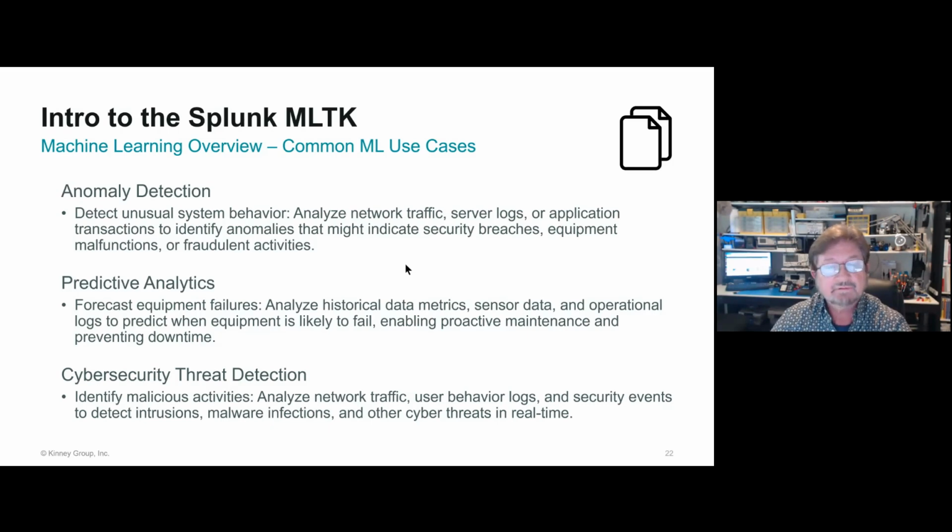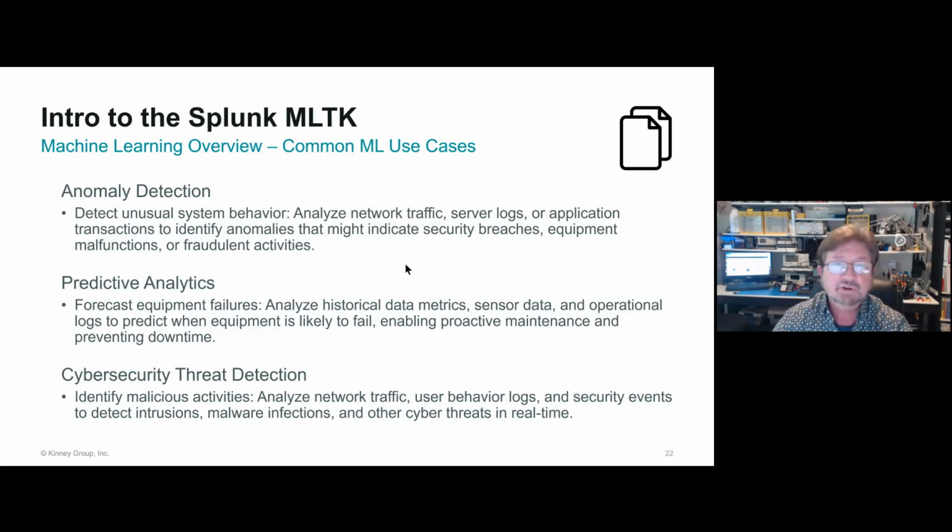Predictive analytics, you'll see a lot of this in the IT Service Intelligence premium application. It tries to look at what's typical across a spectrum of data metrics, if you will, and start identifying when something is starting to go wrong. And ideally, it would warn you and let you know what's happening before it completely fails, and then you can either fix it or at least schedule some downtime to address it before it causes an outage.